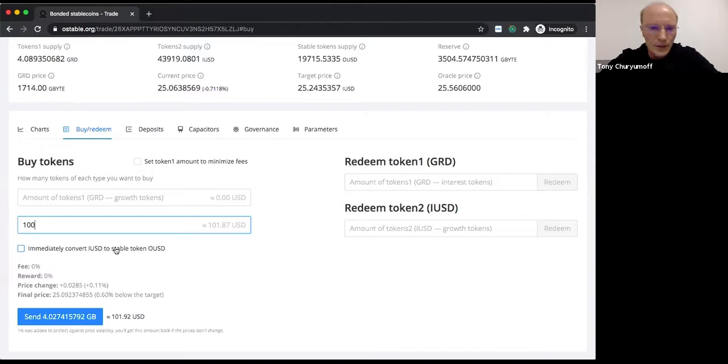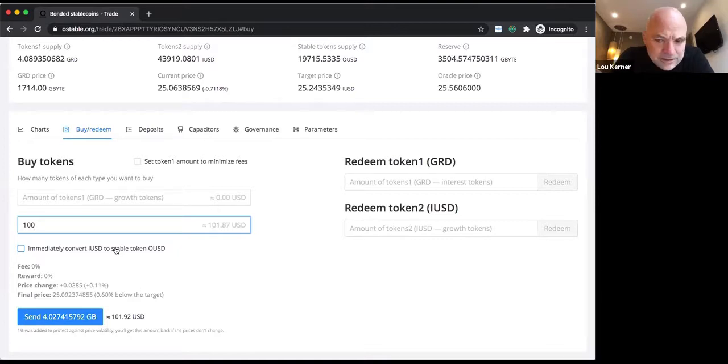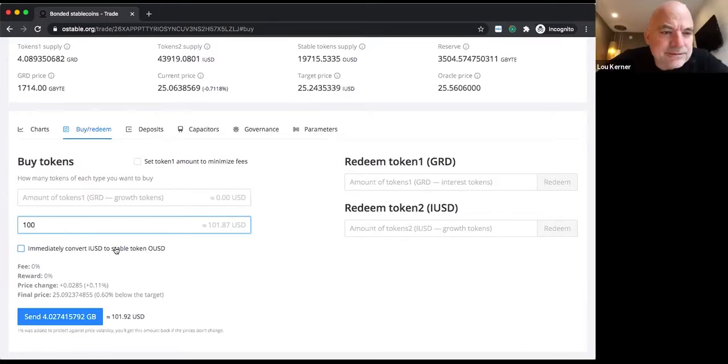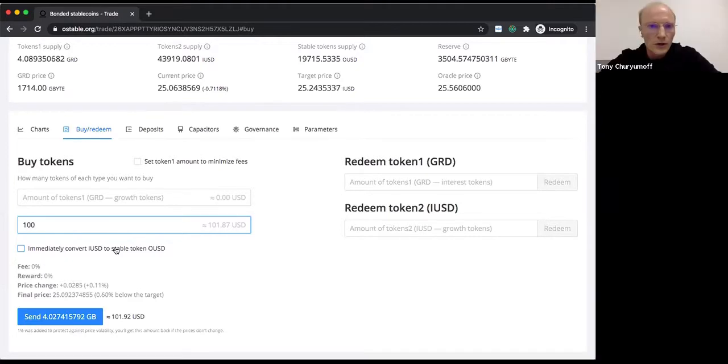So in this example, you're buying IUSD? Yes, I'm buying IUSD. It is a stablecoin which is pegged to the US dollar plus some annual percentage that you earn on top of the dollar.